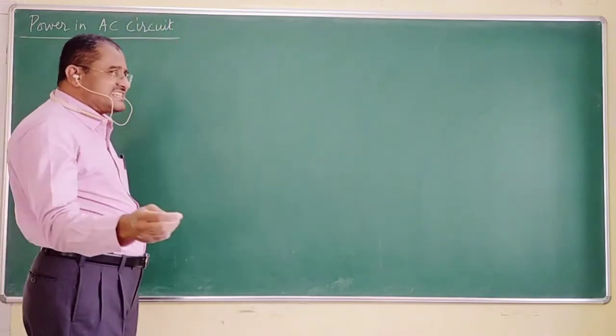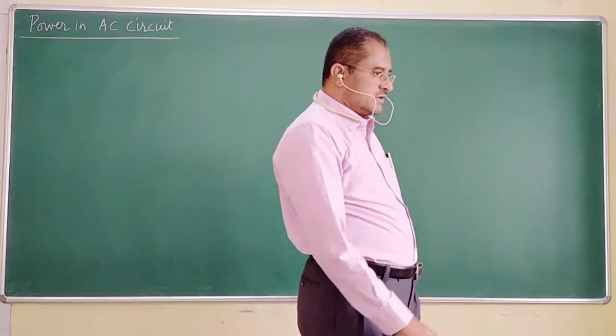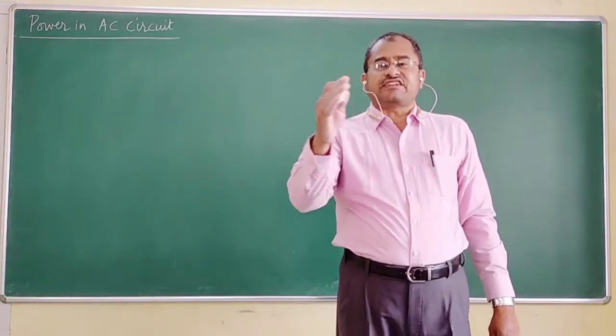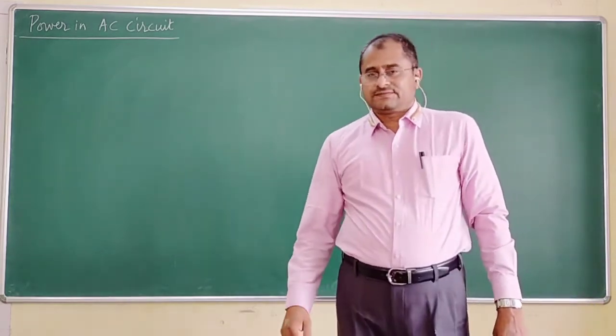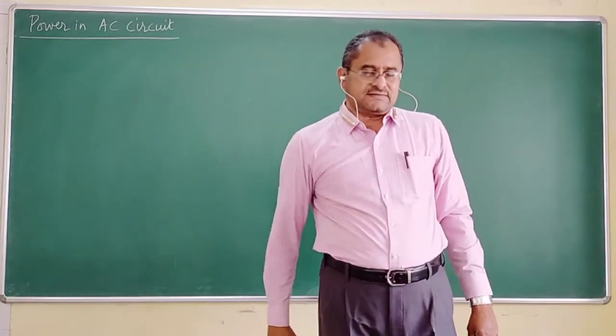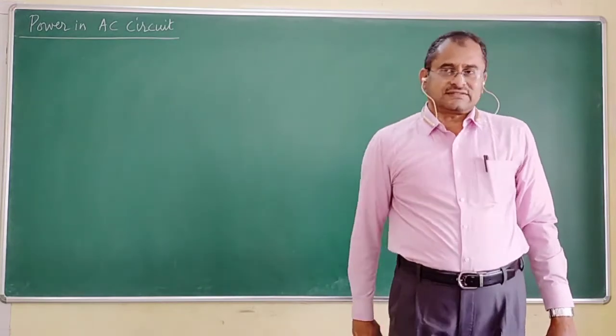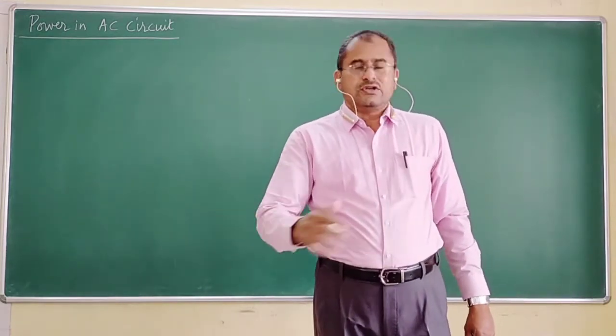If we talk about a DC circuit, power is the product of potential difference into current. For any DC circuit, we have one value of potential, one value of current, multiply, you end up with power.